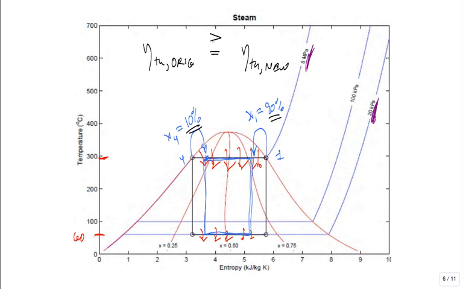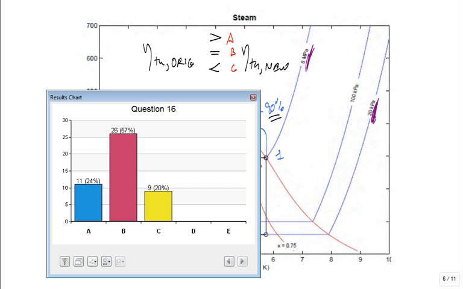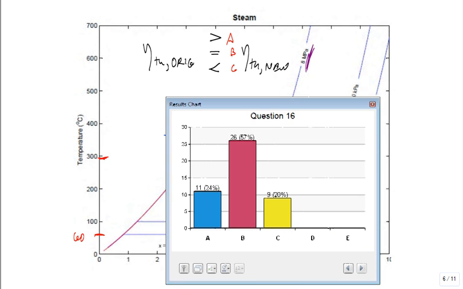Is this going to be the same? Is this going to be greater? Or is this going to be less? Answer A, B, or C. Everybody in? All right, we'll call it stopped. Show the results. Let me ask this question.